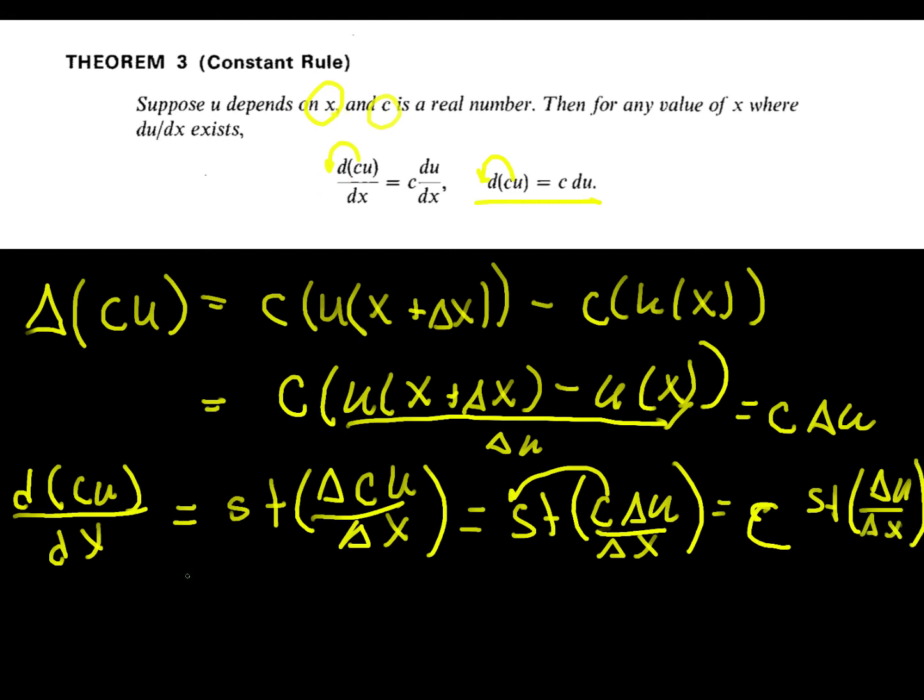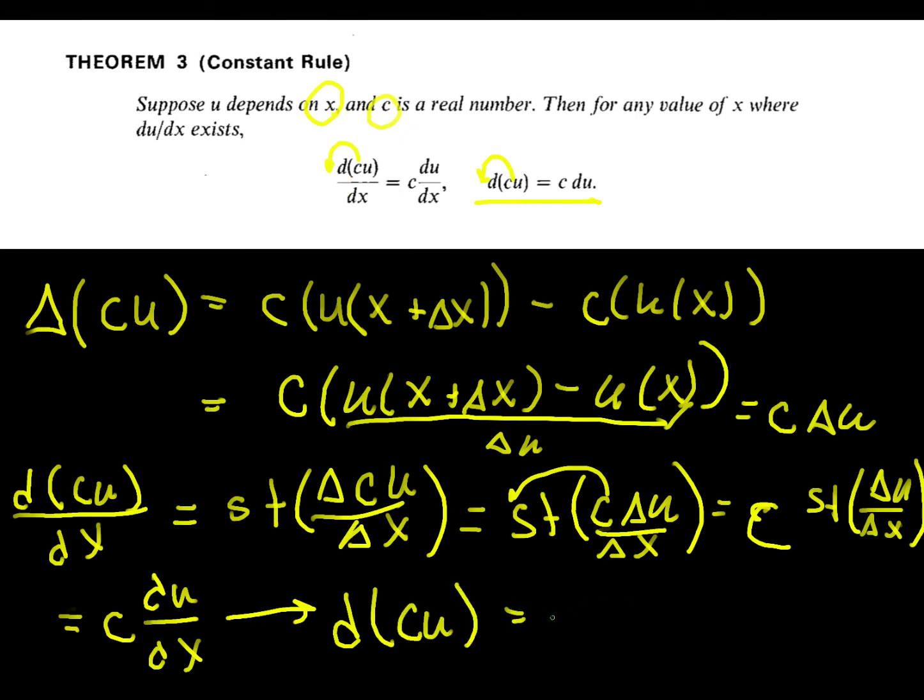And that's the constant times du dx. So we just showed what we said we were going to prove. The differential of a constant times a function with respect to x is just the constant times the derivative of that function, or in differential form, d of cu is equal to c du. So now we know how to deal with constants in front of any function.